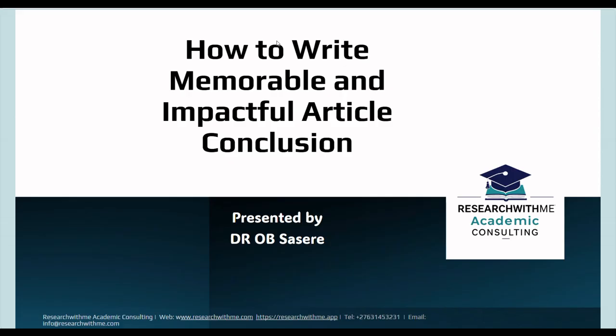And from the beginning of this call, we have been alluding to this, that finance should not be a barrier to publishing if we have the right information regarding where we can publish. Not knowing how to write an article should not be a barrier also, and that is the gap this training intends to fill.